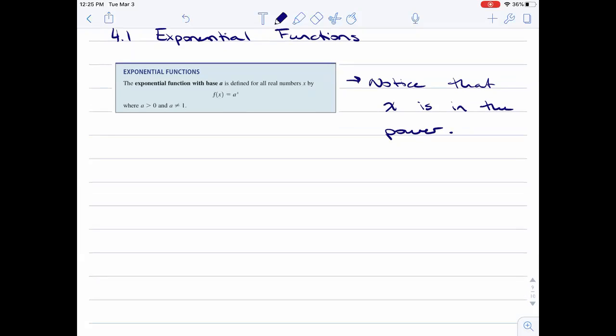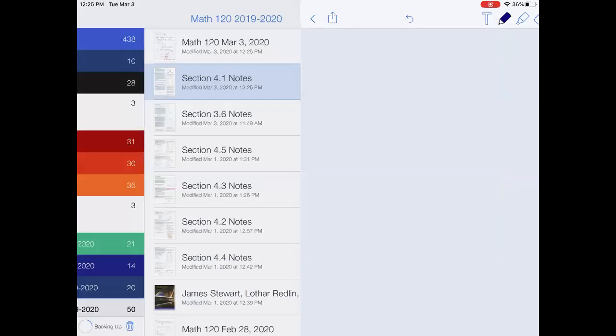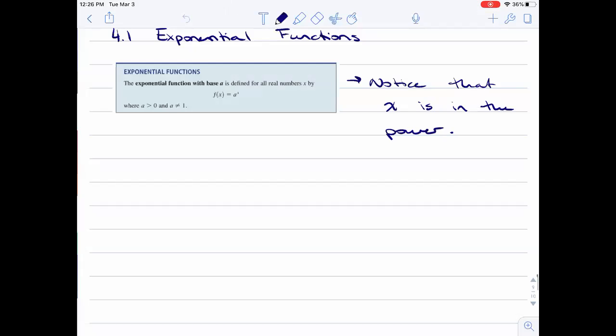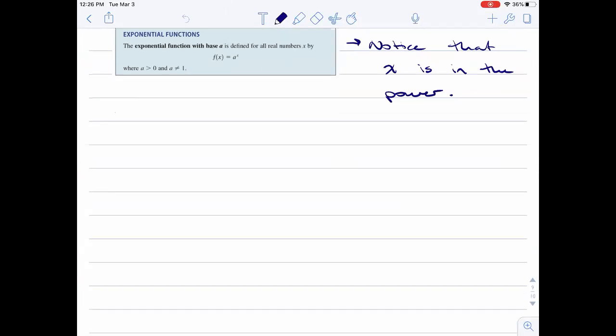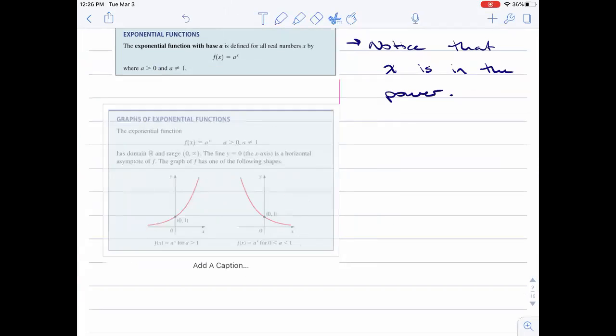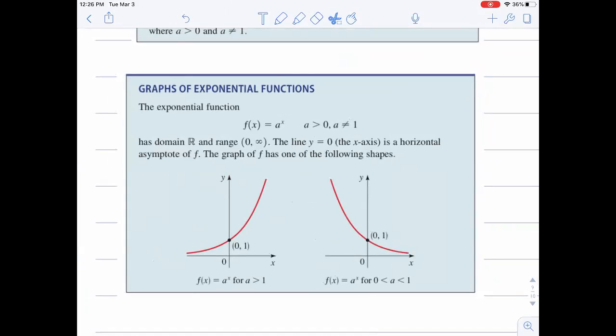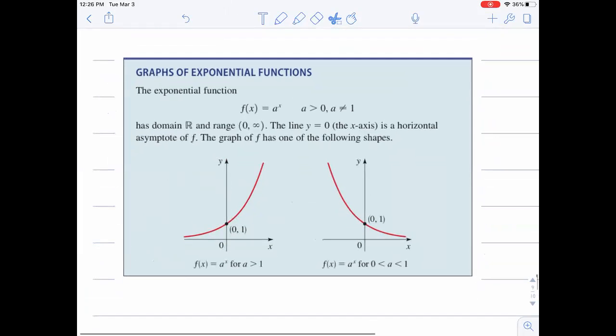Okay. If we talk about how the graph of a to the power of x behaves, then we can have a look at the next box, which says, okay, well, depending on the base, that's going to determine which direction our exponential function is growing. So usually in finance or whatever, we talk about exponential growth, right?